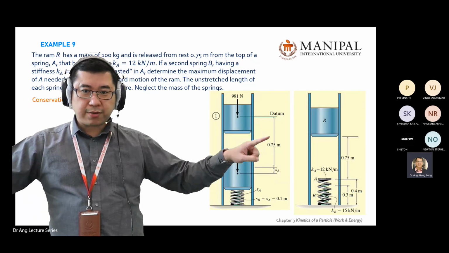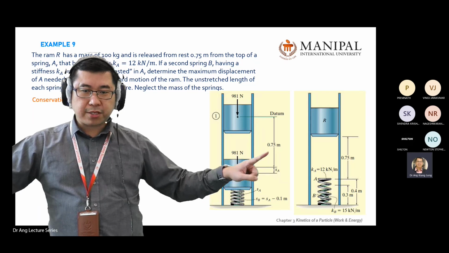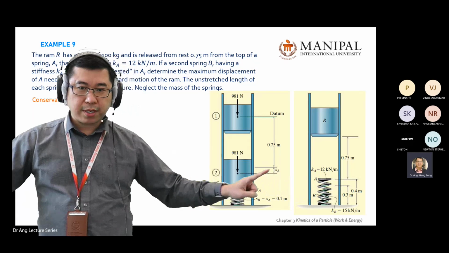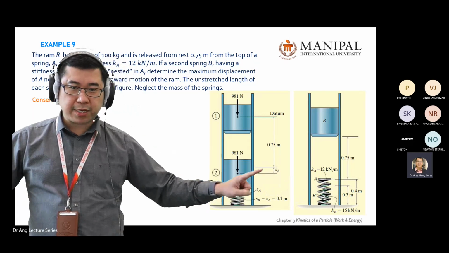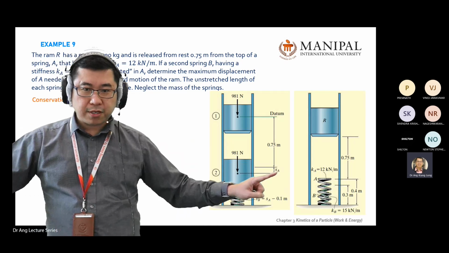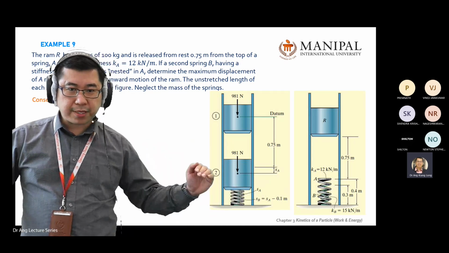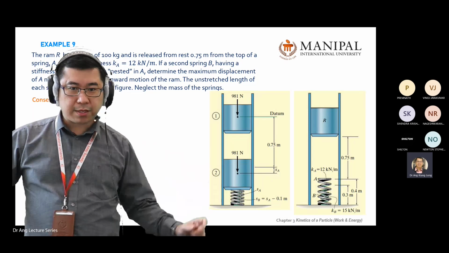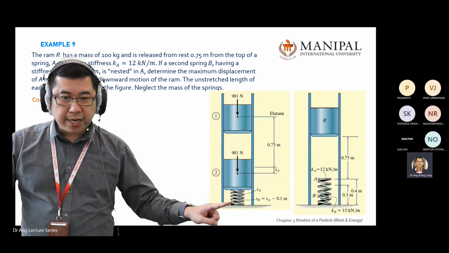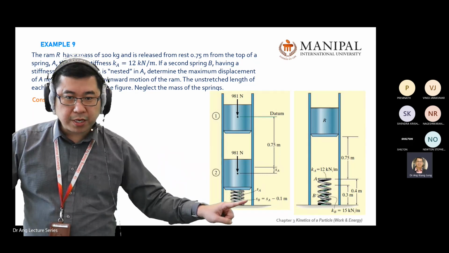So you measure down 0.5 meter from the origin position, and there will be some displacement. There's some displacement of spring A if you compress down. This is spring A, this is spring B displacement.